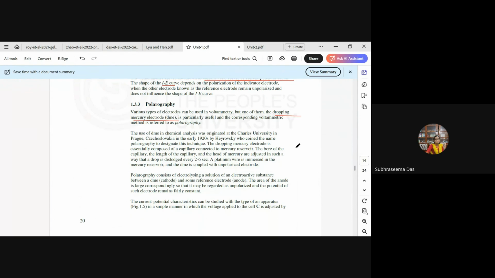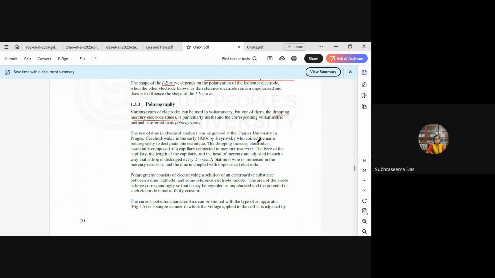It is particularly useful, and the corresponding voltammetric method is called polarography. Polarography is typically classified as a separate class because it uses the DME. So DME is the dropping mercury electrode. Whenever we use DME, we call it polarography.